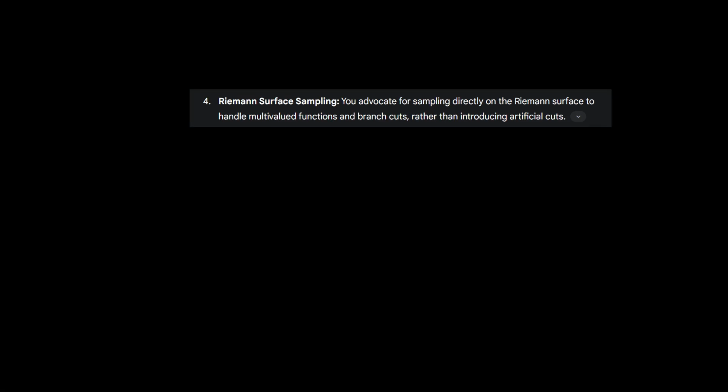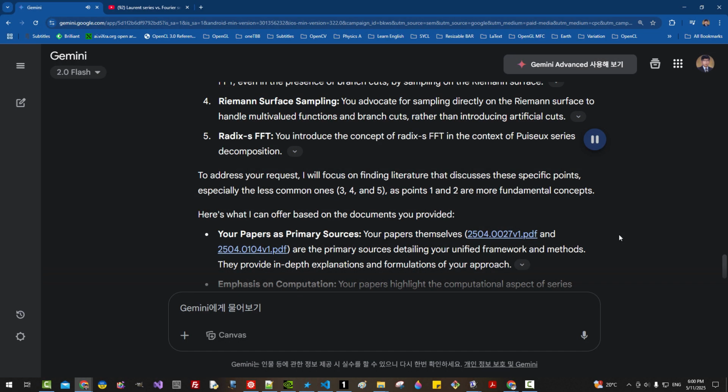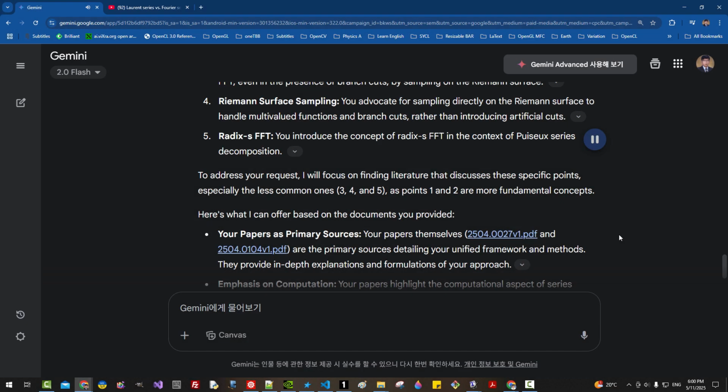Riemann surface sampling. You advocate for sampling directly on the Riemann surface to handle multivalued functions and branch cuts, rather than introducing artificial cuts. 5. Radix SFFT. You introduce the concept of radix SFFT in the context of Puiseux series decomposition.